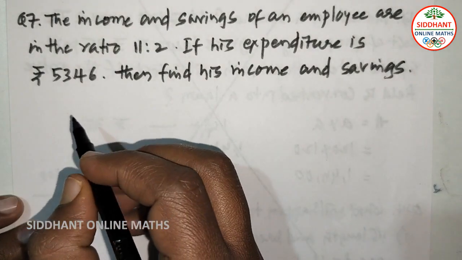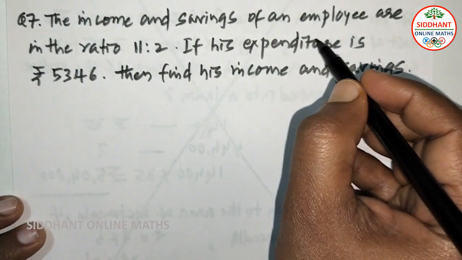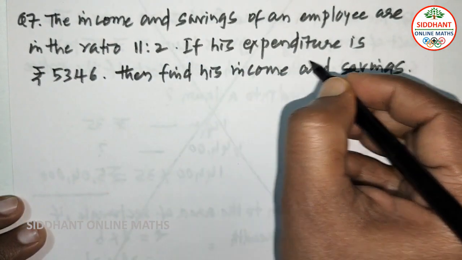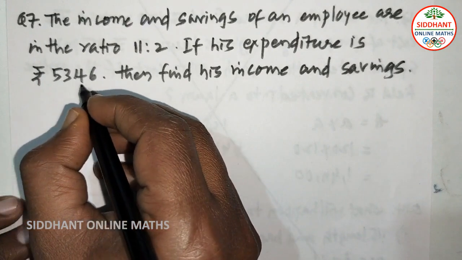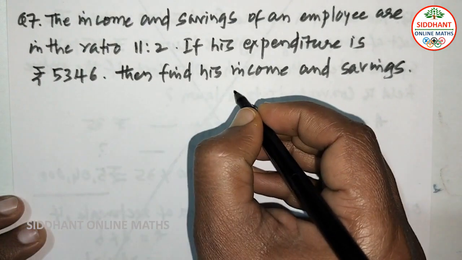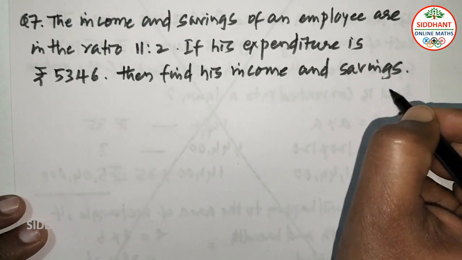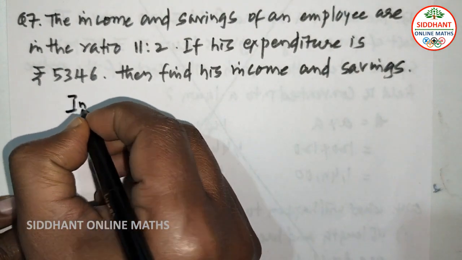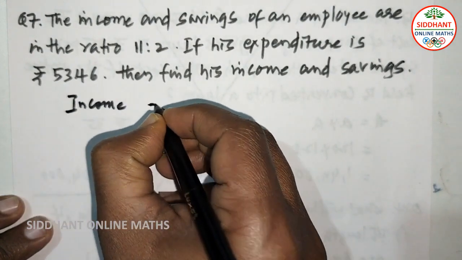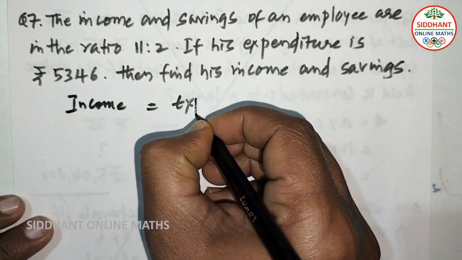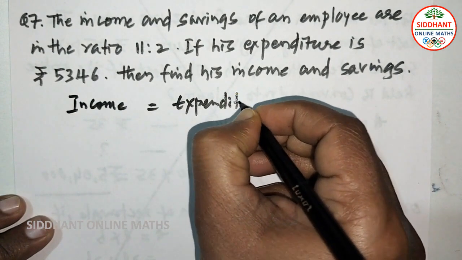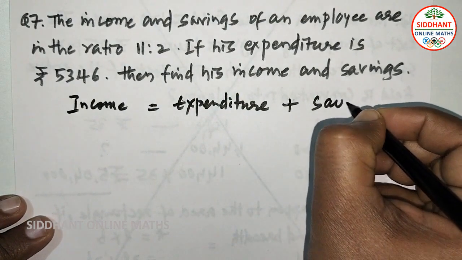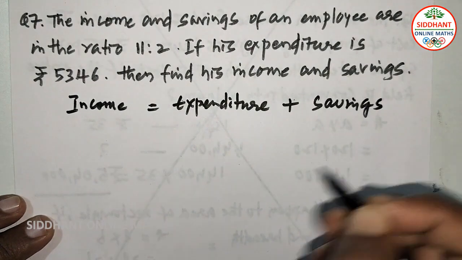Question number 7. The income and savings of an employee are in the ratio 11:2. If his expenditure is rupees 5346, then find his income and savings. So we know that income is equal to expenditure plus savings.